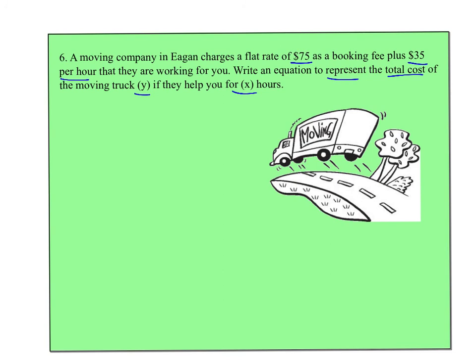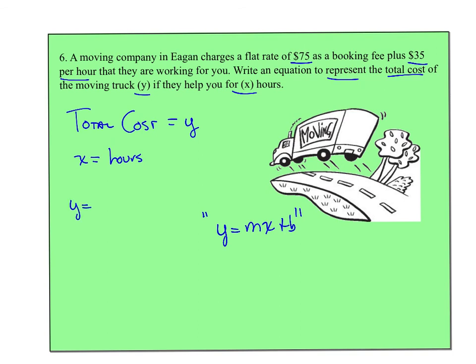So your total cost is going to be represented by Y. And in case you haven't picked up on it, it should be some way have the form of like this. Okay, so X is your hours. Okay, so now let's look at this. So your total cost. So your variable here is the hours. Okay, and they charge $35 per hour.